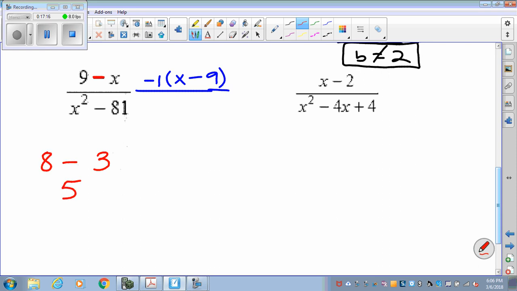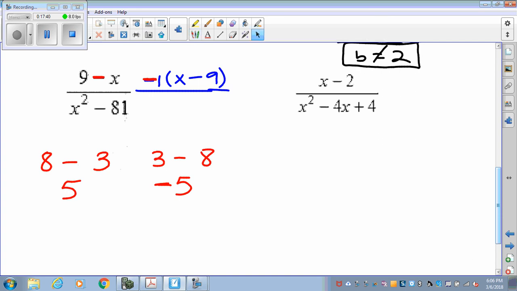That's 5. And if I do 3 minus 8, I still get the 5, but it's -5. If you switch the order, you're still going to get the same number, but you're going to have the opposite. And that's why we have this negative here. That's why these are equal. If I switch it, I just put the negative in front, and then it's the same.